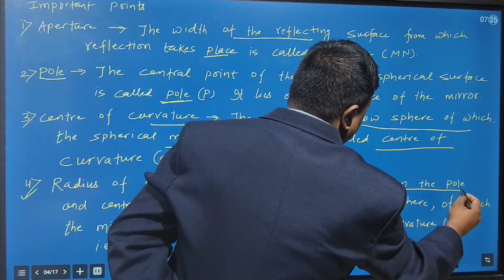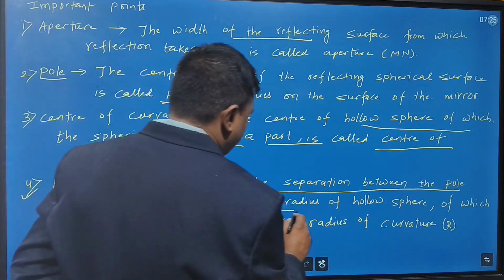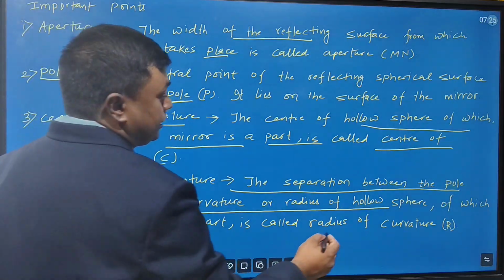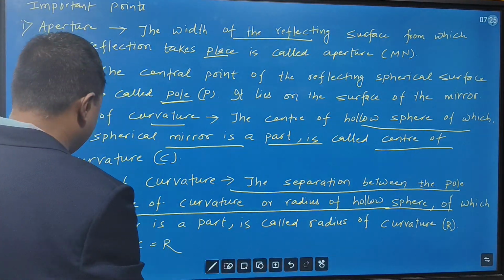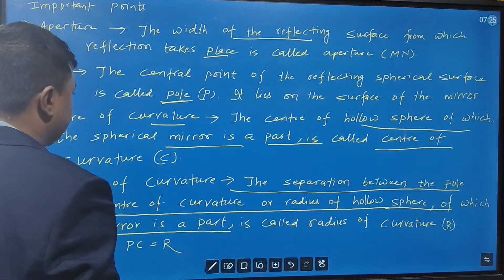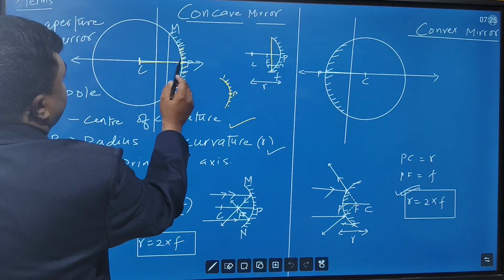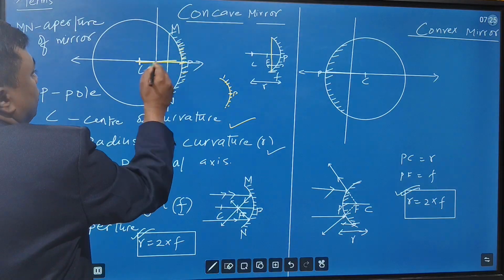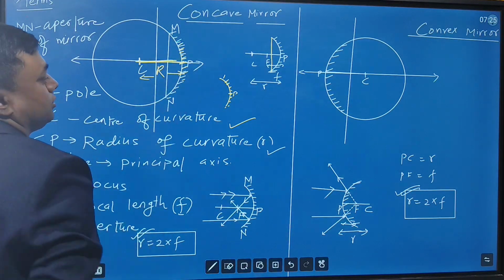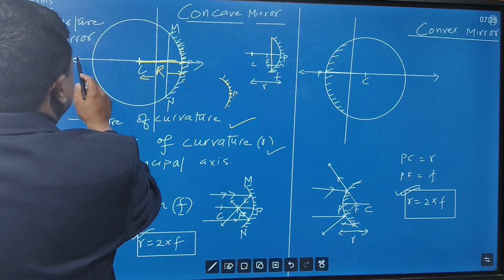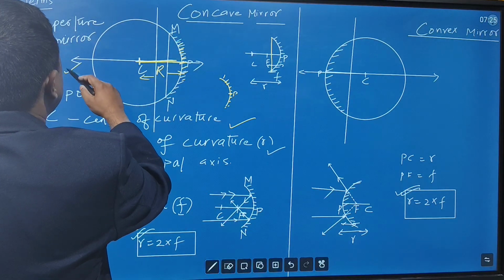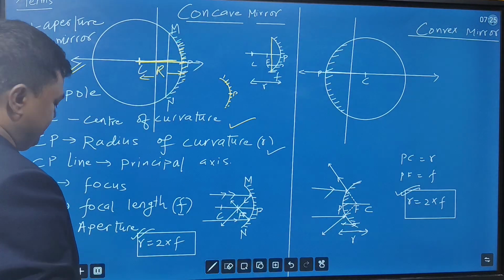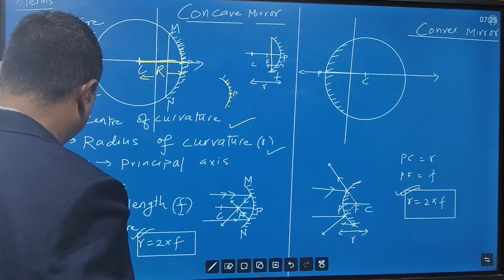The separation between the pole and the center of curvature, that is, the radius of the hollow sphere of which the mirror is a part, is called the radius of curvature, represented as R. A line passing through C and P is called the principal axis.